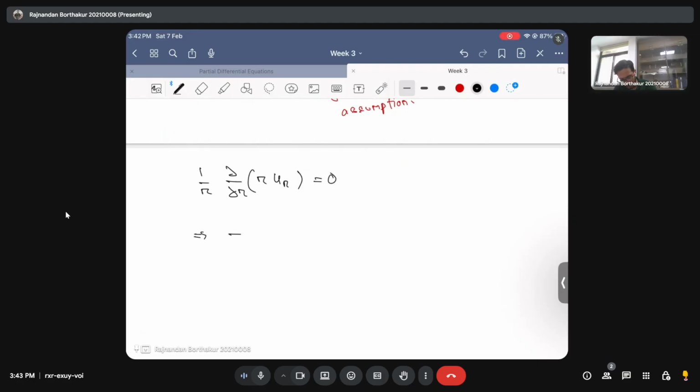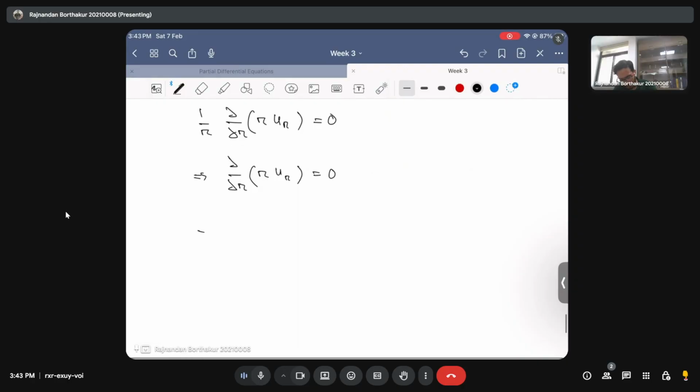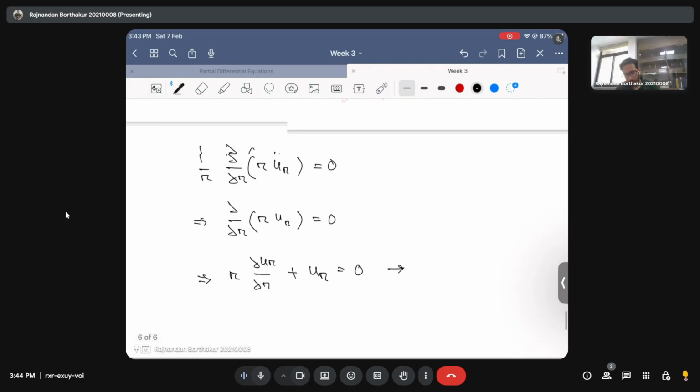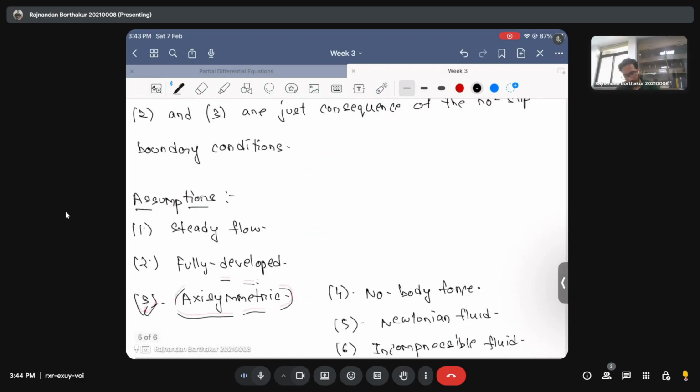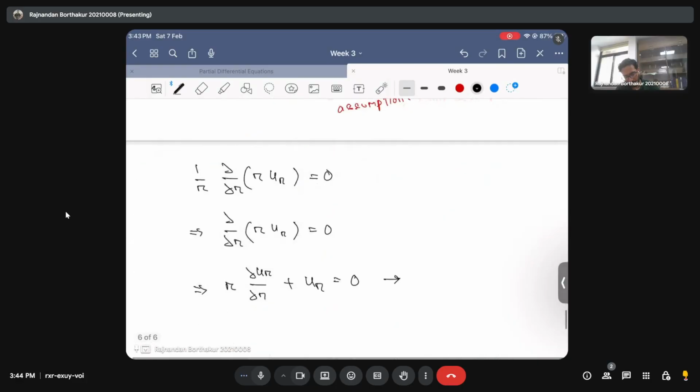This gives us del r of r times u_r equal to 0. And if I simplify this, I can write it as r times del u_r del r plus u_r equals 0. Okay, so this is what we get when we invoke the assumptions in the continuity equation. Maybe I'll name this equation 4.